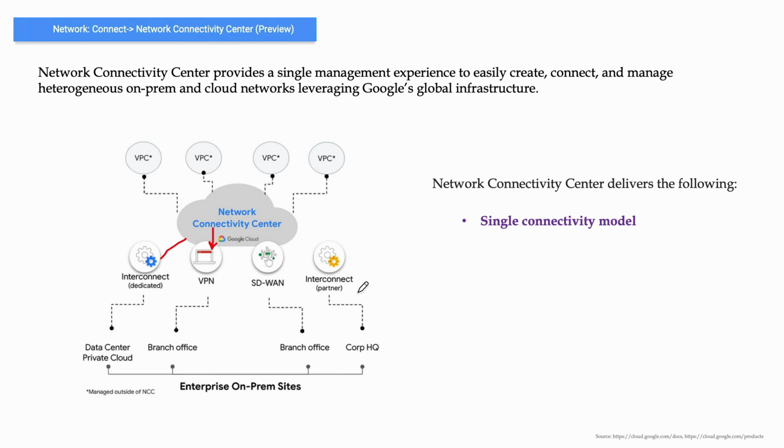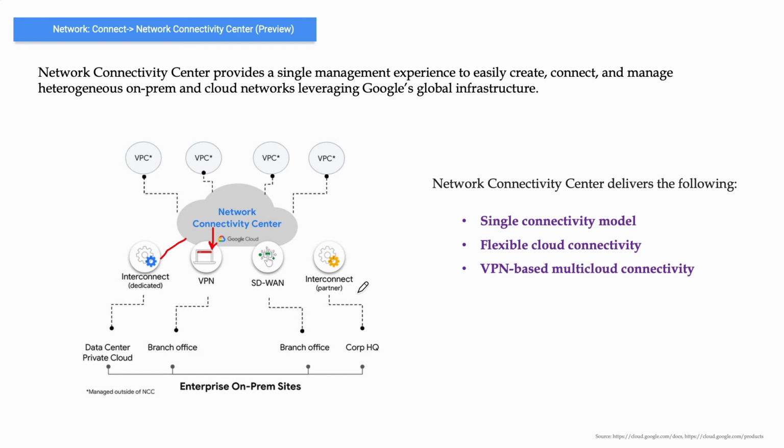It provides the unique ability to easily connect and manage VPNs, interconnects, SD-WANs, all of the connectivity options we looked at. Then it gives you flexible cloud connectivity because it will give you a unified connectivity experience by connecting to Google's cloud infrastructure, leveraging new or existing partners, dedicated interconnects, cloud VPN connections, and a third-party router or SD-WAN.